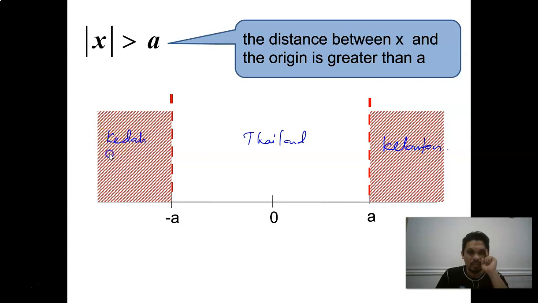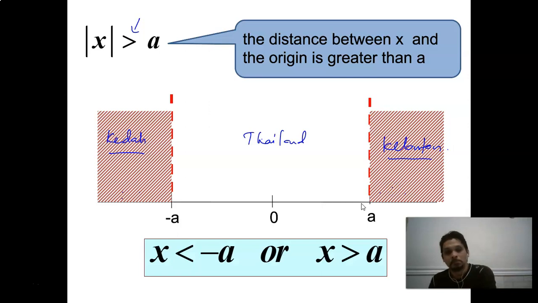Yes, of course, Kedah and Kelantan, or Kedah or Kelantan, not Thailand. So you can build your house either in Kedah or Kelantan, here or here. You get it? For greater than, we just imagine that it's separate. Now the area is separated, either here or here. There you go: x less than negative a or x greater than a.